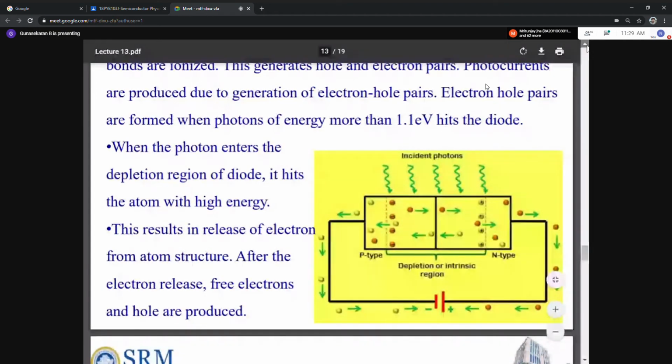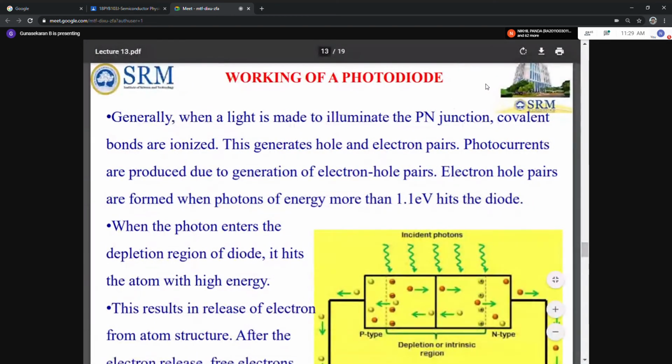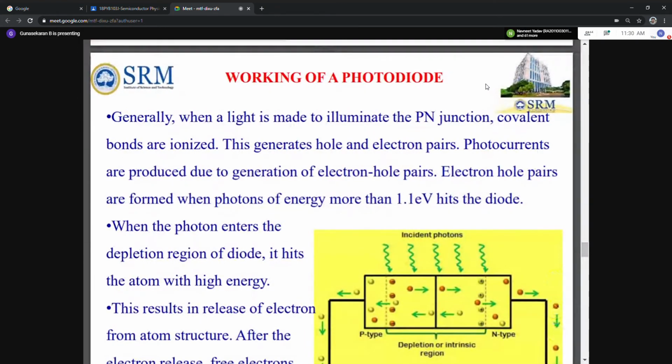Very simple. Once the light energy strikes, it breaks the covalent bonds or ionizes, and this generates electron and hole pairs. The photo currents are produced due to the generation of these electron hole pairs.